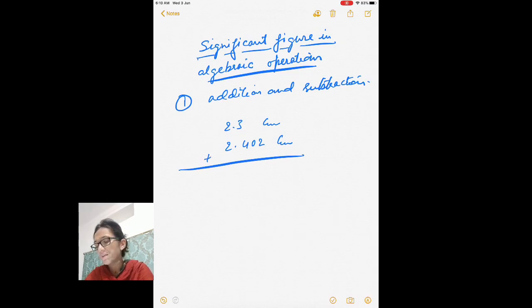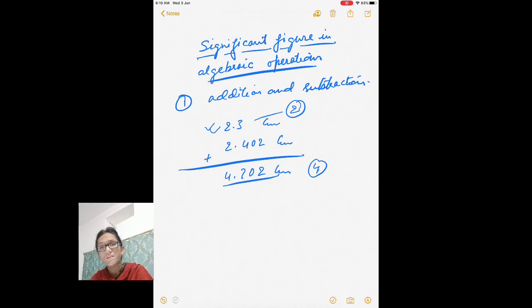After adding you get 4.702 centimeter. So you see that your first measurement was least precise, as its significant figures are only 2, and your result has 4 significant figures. It is more precise, more accurate. You have obtained a result from a measurement which is least precise, and finally you obtain a result which is more accurate.